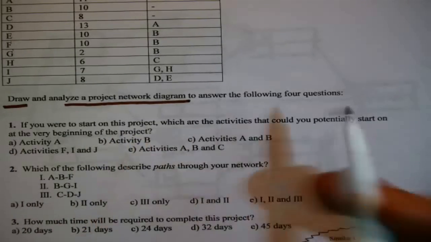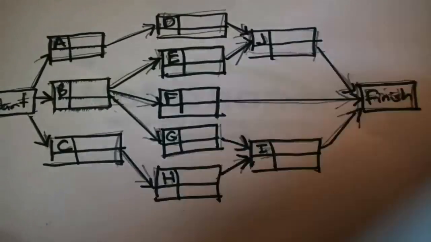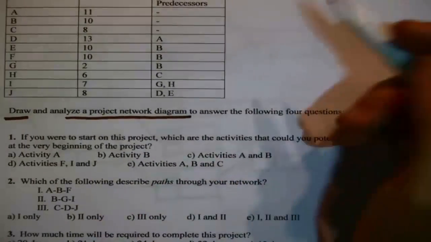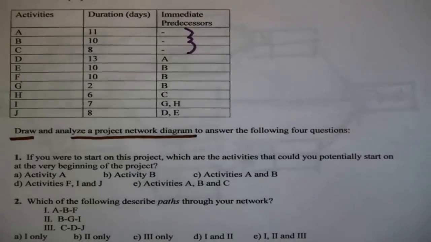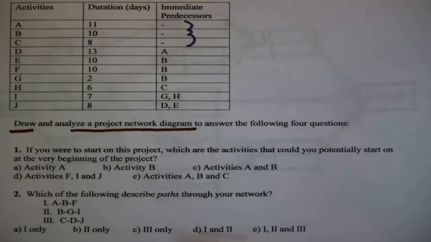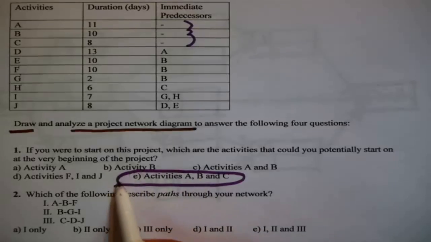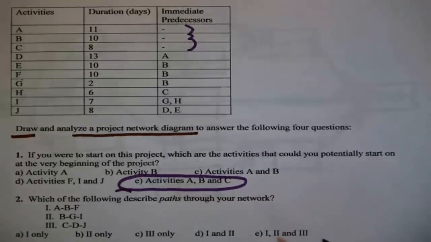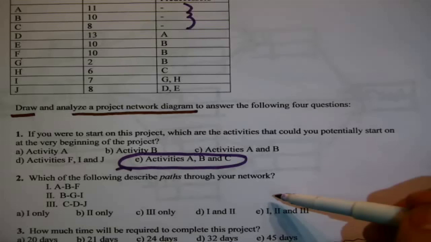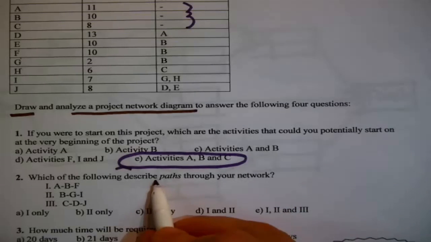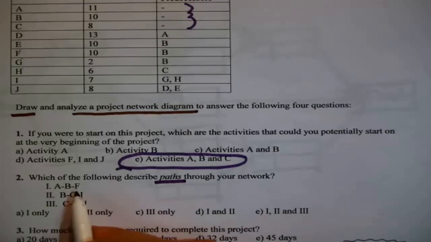If you were to start on this project, which activities could you potentially start at the very beginning of the project? I didn't even have to do that to answer this, because that's just asking who doesn't have any immediate predecessors. That's all that's asking, which means that without doing any work, you just look at the table and answer that one. Actually, you can answer this second question without doing any numbers.